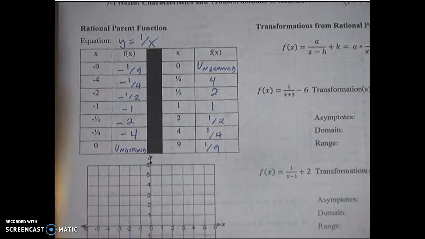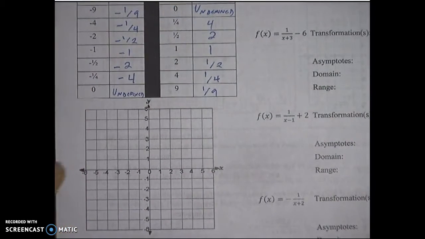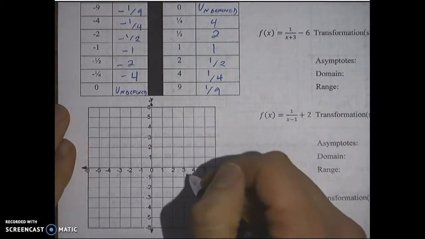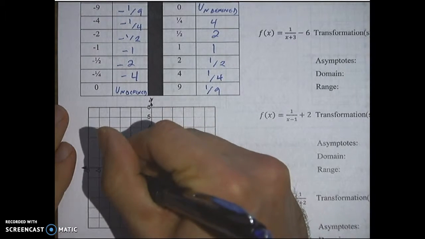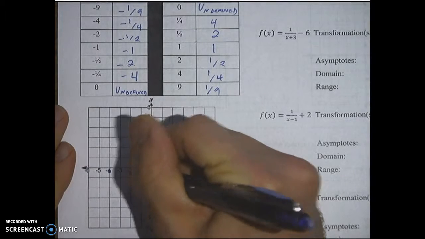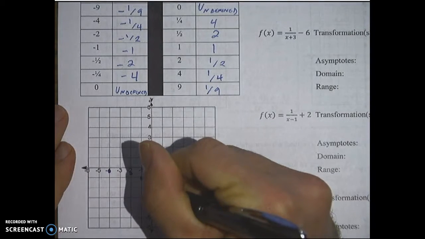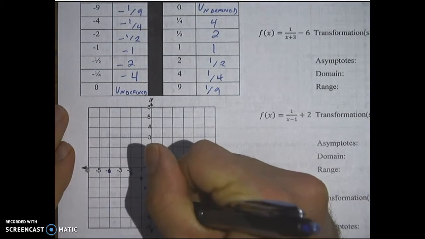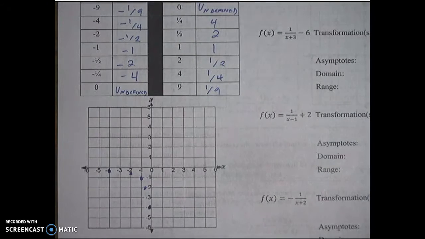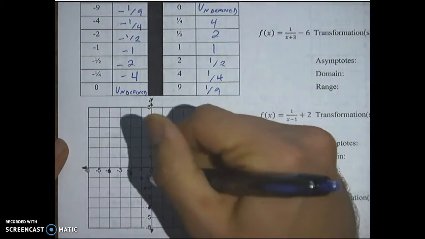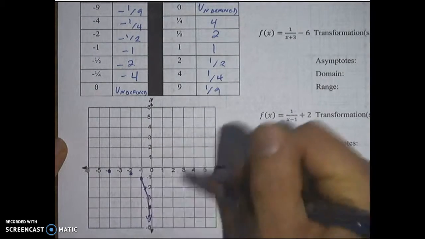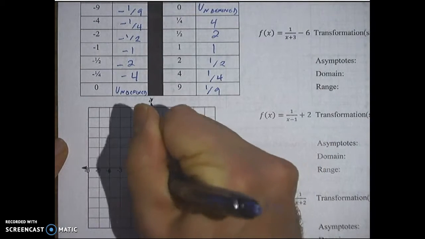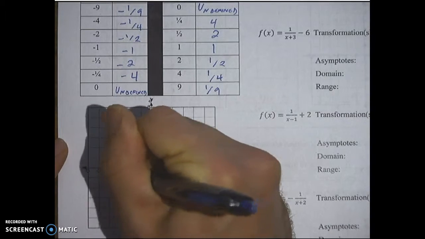So if I was to graph the rational parent function, if I just plotted these points, if I go negative 4, negative 1/4, negative 2, negative 1/2, and so on. What's going on here is this function approaches the y-axis and the x-axis, but it never touches it.